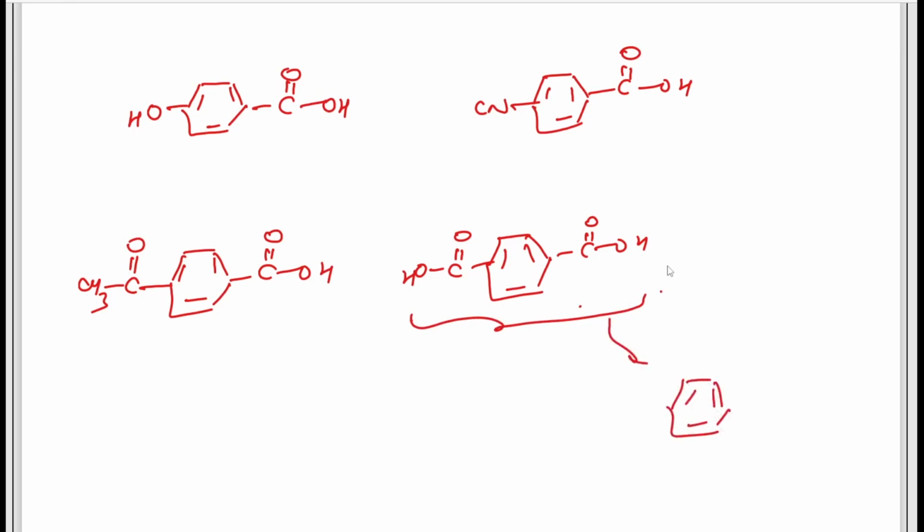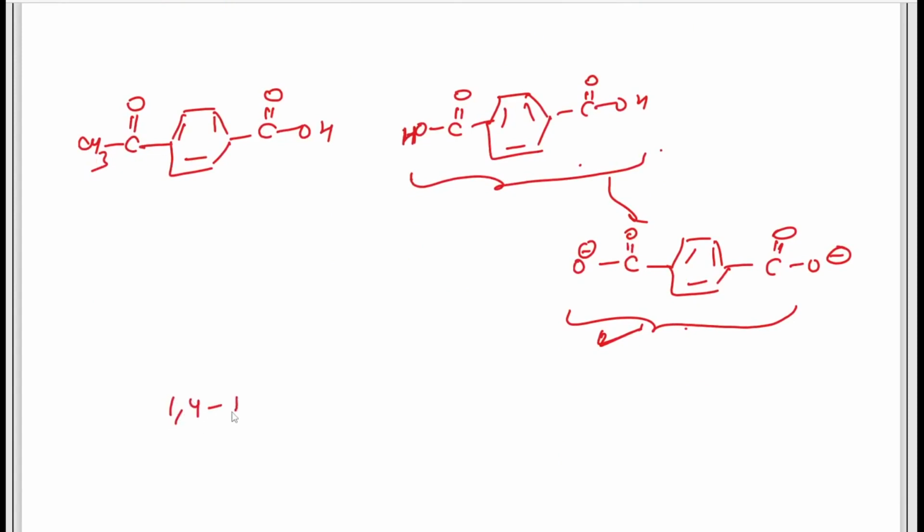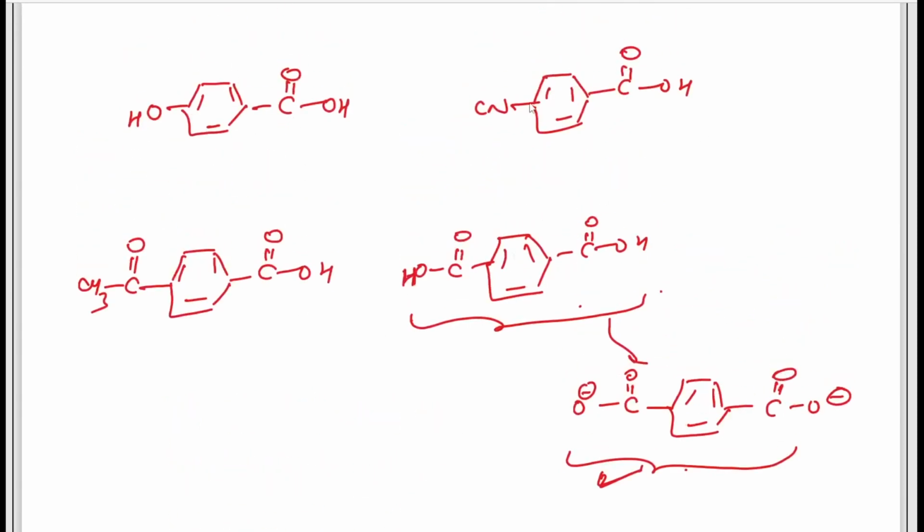Here two protons are available, and after losing two protons, there will be two carboxylate anions which can be stabilized through resonance. So this 1,4-dicarboxylic acid has more acidic strength as compared to other three carboxylic acids.